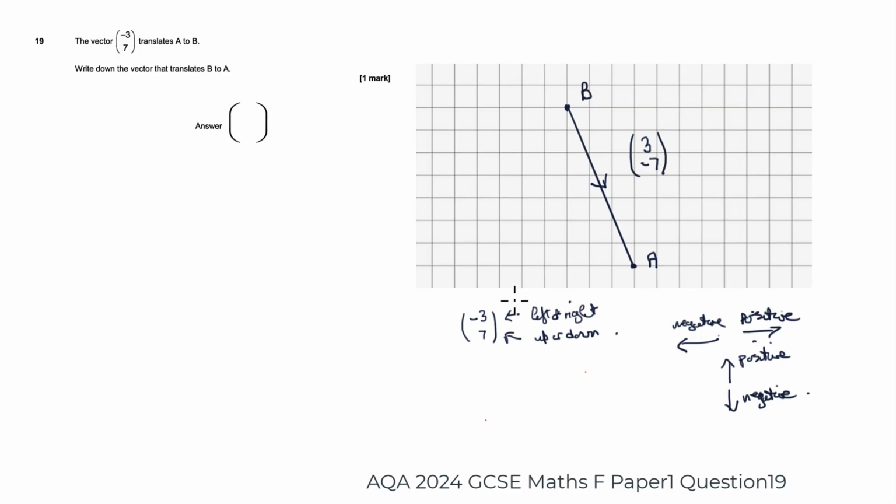So we've changed the sign of each of these components. If you like, we've got the negative of that original vector, and that's positive 3, negative 7. So let's put these components in. The x component's 3 and the y component is negative 7.